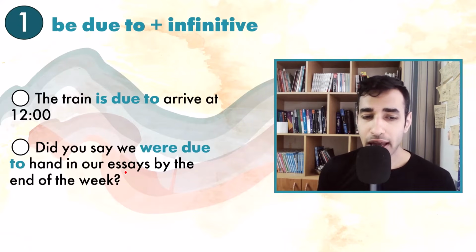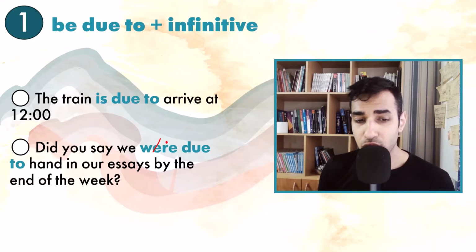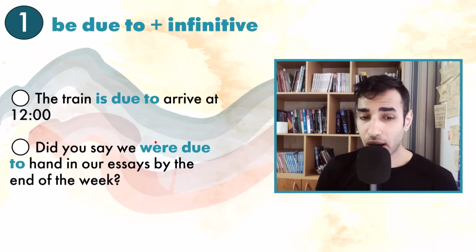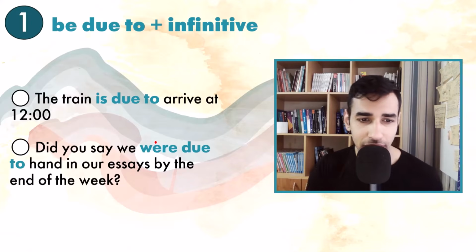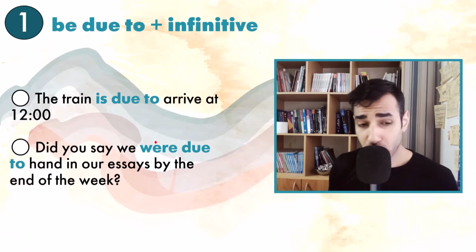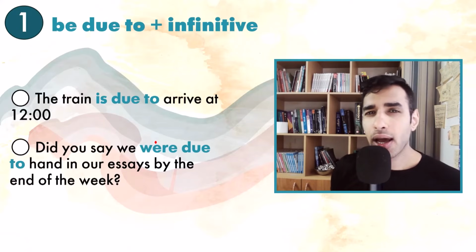We cannot say we are due to. We should say we were due to. The tense in our statement changes to one step in the past. I have a video talking about that in more depth. If you'd like to learn that, click on the link above. Are we expected to, or did you say, were we expected to hand in our essays by the end of the week?